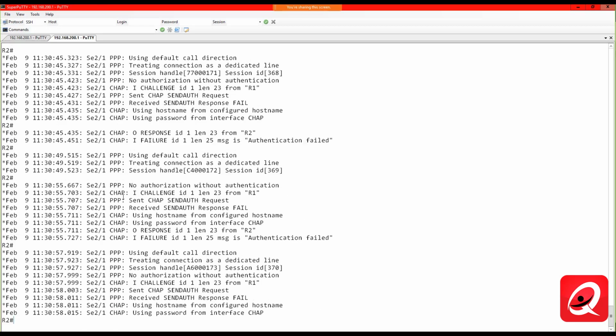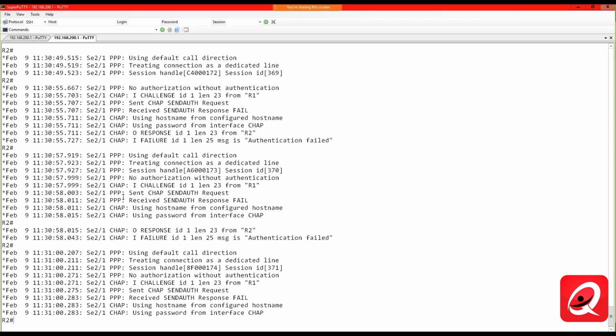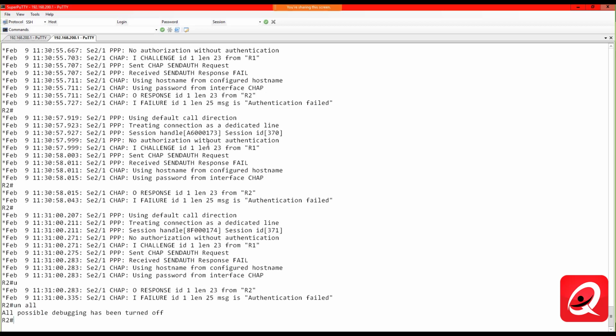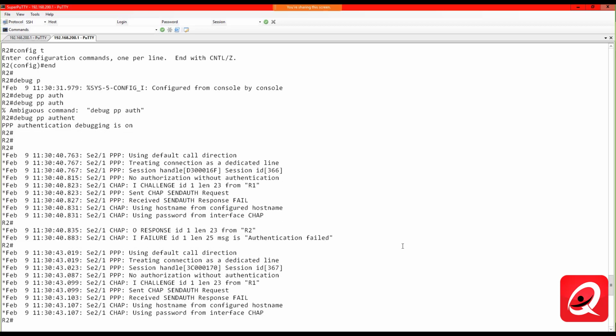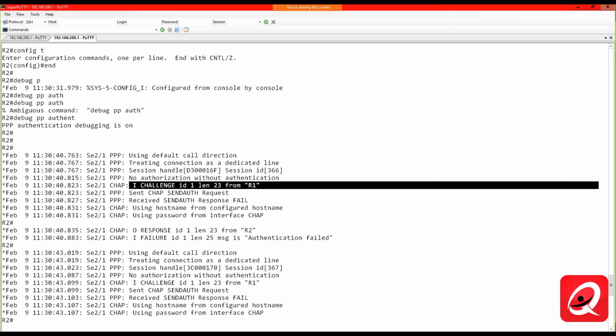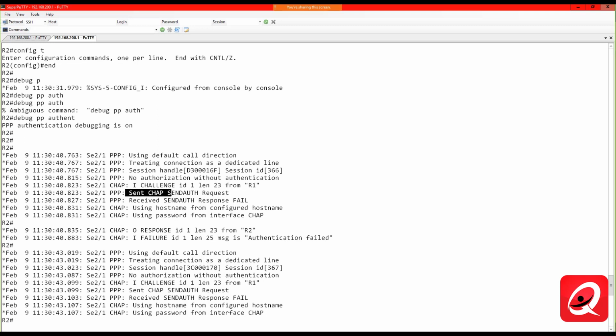I see the challenges coming in. All right, let me do an undebug all. So I can see that the challenges are coming into this router here. Inbound challenge from R1.